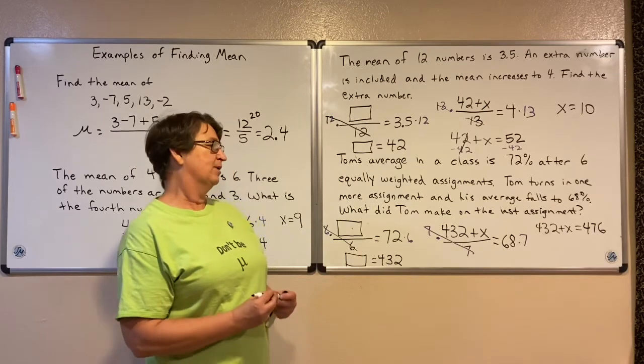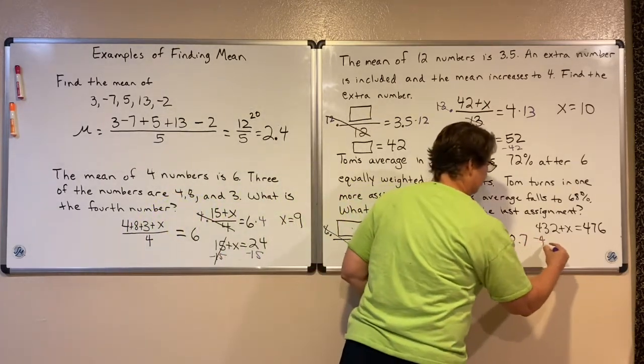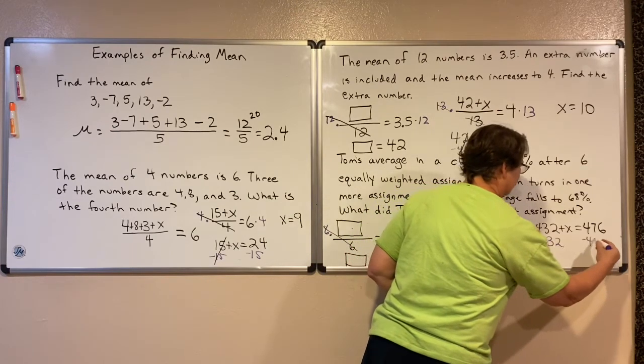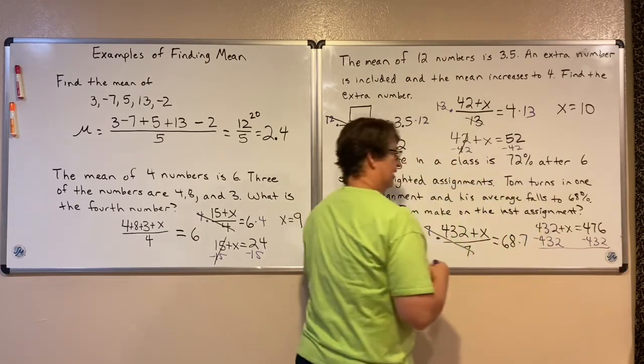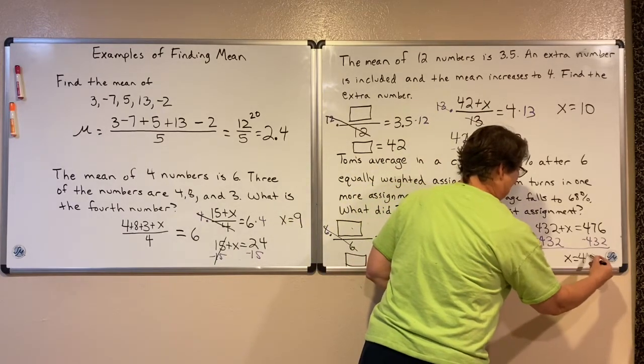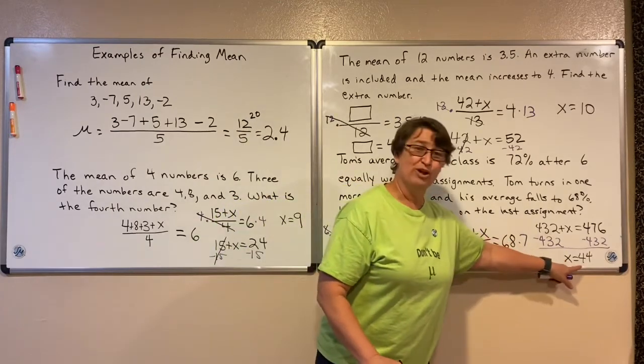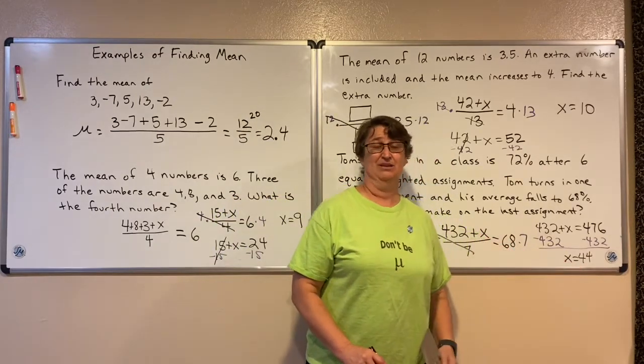Now, I'm going to subtract the 432 from both sides. And my X is equal to 44. No wonder his grade dropped. He made a 44 on that last assignment.